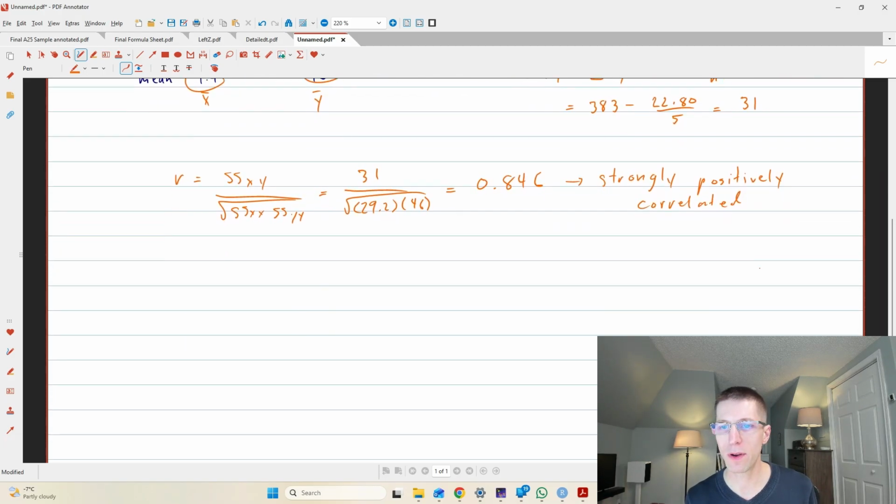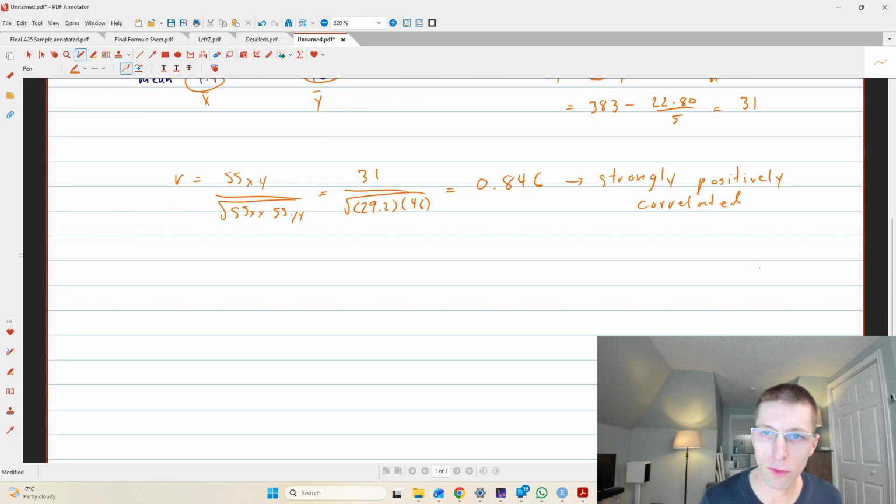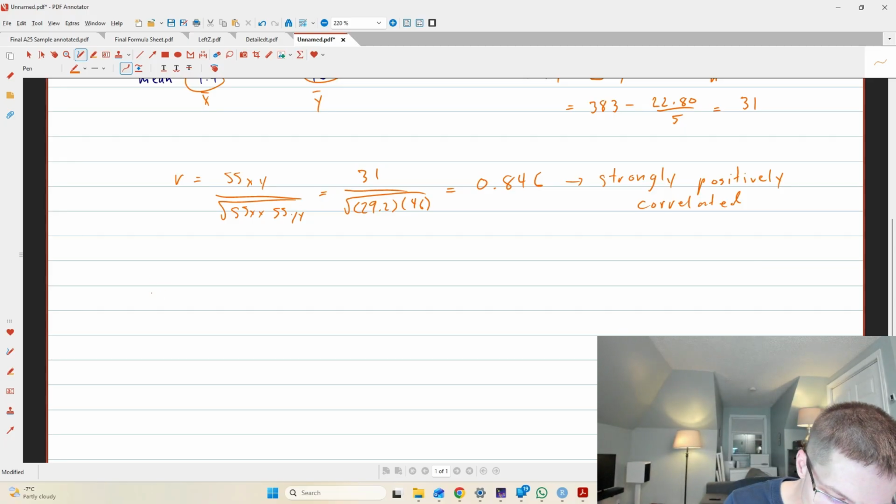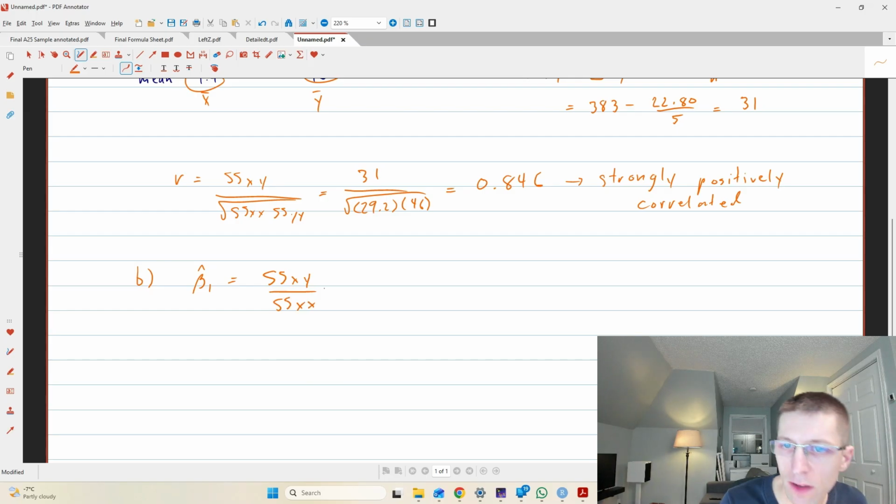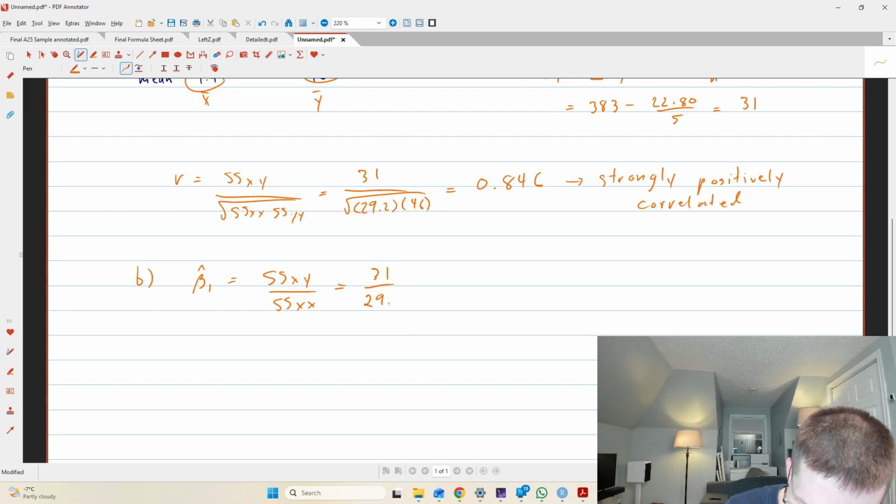And the next part though is from formulas. So our least squares line, the first thing is to find the beta 1 hat. That's our least squares slope estimate. It's the SSXY over the SSXX. 31 over 29.2 is about 1.062.